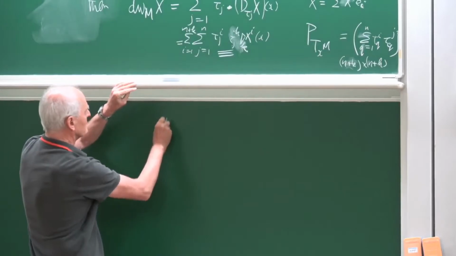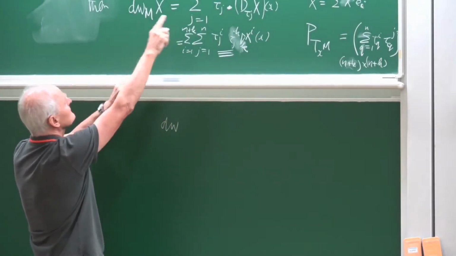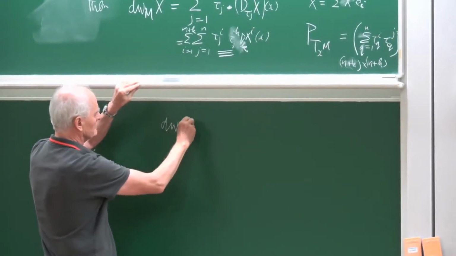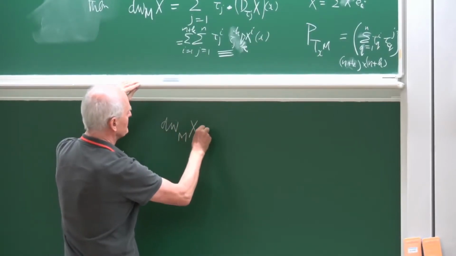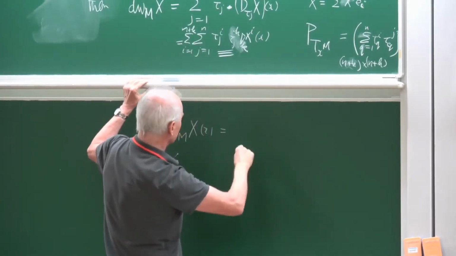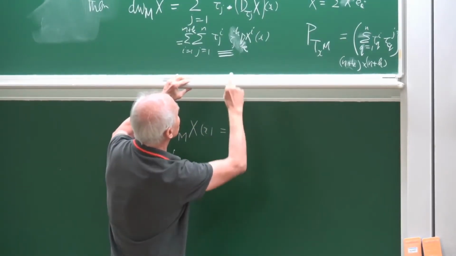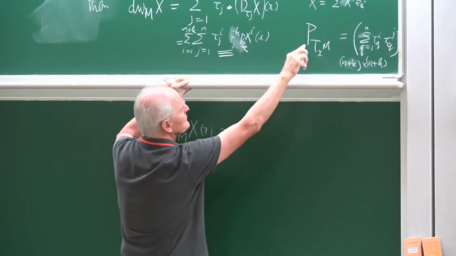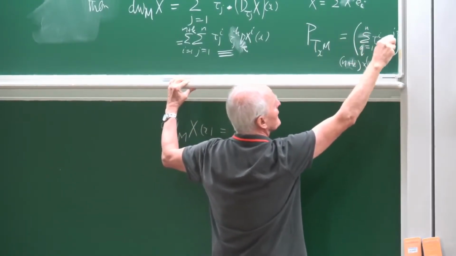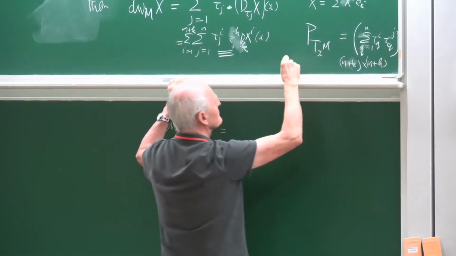So in other words, this says exactly that div_M X, as long as X is C1 in a neighborhood of M, you can rewrite in a nicer way. Let's call this matrix P_ij.